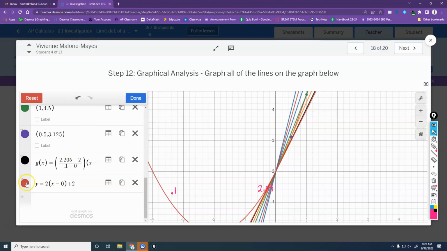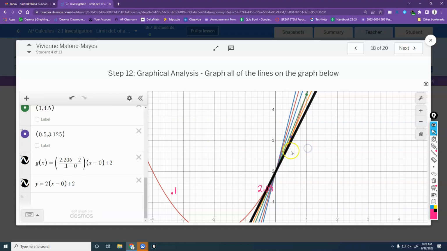Let's make it thicker, and let's make it green and dotted. No. Okay. Let's make it a lot thicker. Okay. So I've made this thicker, and let's make it black. A thick black line right there.